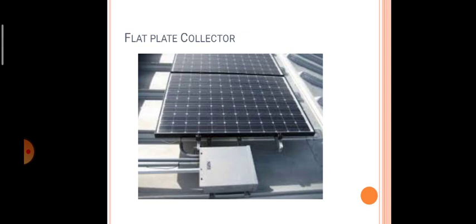Whereas a flat plate collector doesn't need a sun tracker. That means the cost of a flat plate collector is lesser when compared with concentrating type collectors. This is also mostly used in household appliances, and the best example for application of a flat plate collector is solar water heaters.